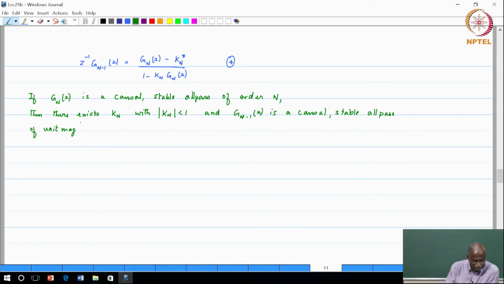Okay, that maybe is not as important, but more important it has got one order less, order n minus 1. Now we need to verify this.